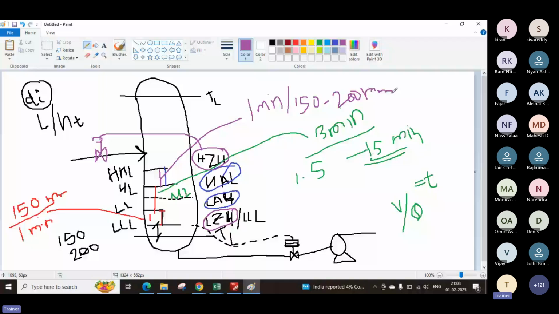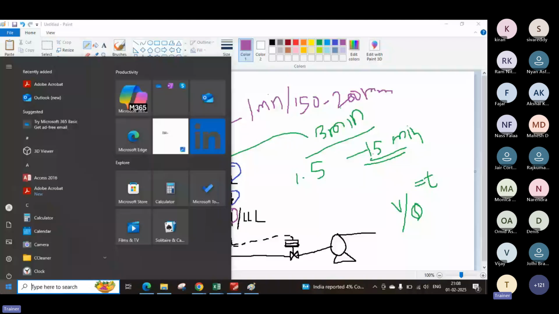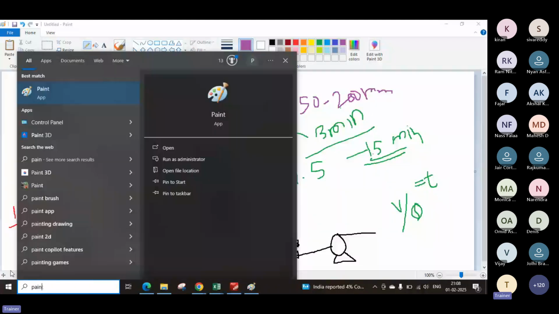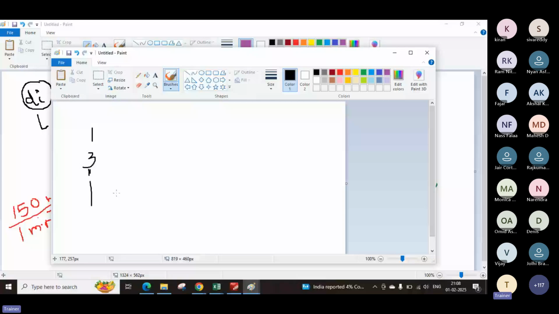Suppose let me see if I can draw one more point. So we know the timeline is 1, 3, 1, 1. It depends on the type of applications, service, and flow rate, whether it is feeding to your reactor, to compressors, to the plant, or to a fire heater.